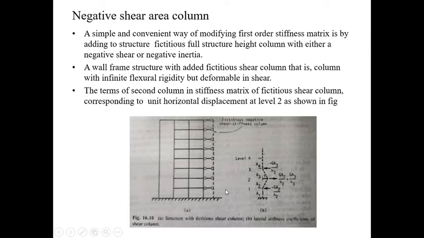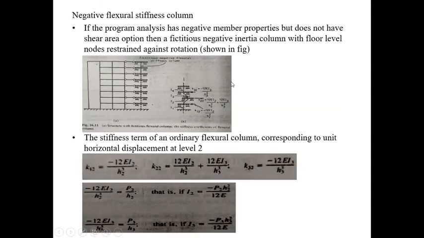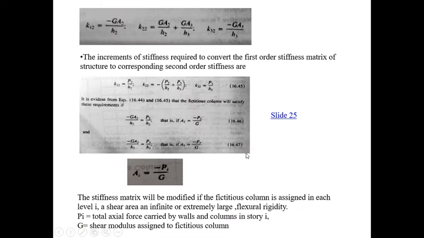There are two methods here. Either we add a negative shear area column, or a negative inertia, that is a negative flexural stiffness column. So that we will see here.